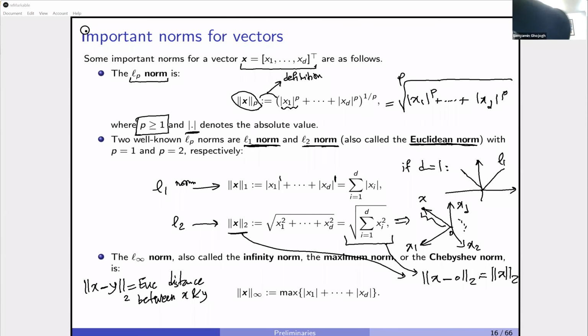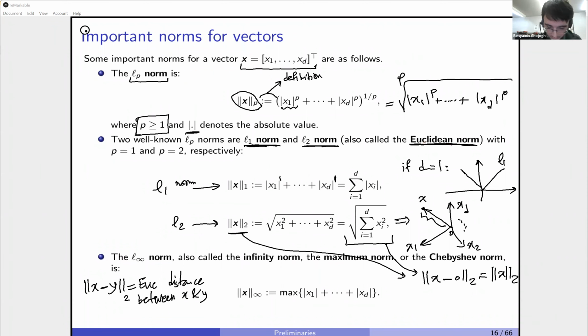So measuring the length of the vector connecting these 2 points together gives the shortest path between them. This is what Euclid said in ancient Greece. So this is what we have for Euclidean distance. That's why it's also called the Euclidean norm.